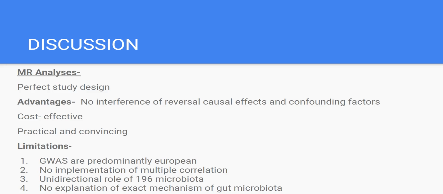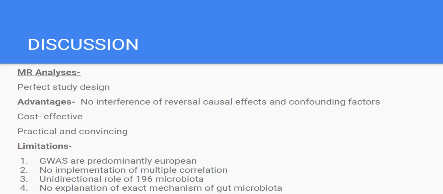And here, we did the MR analysis, and it was a very good study. It was a very suitable study to find out the causal effects between the gut microbiome and the potential risk factors of periodontitis.